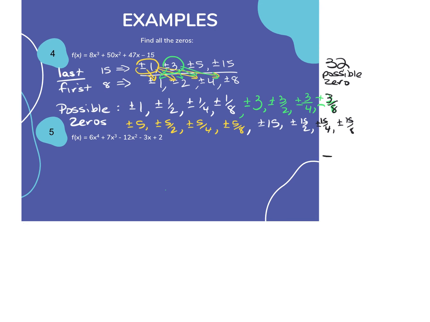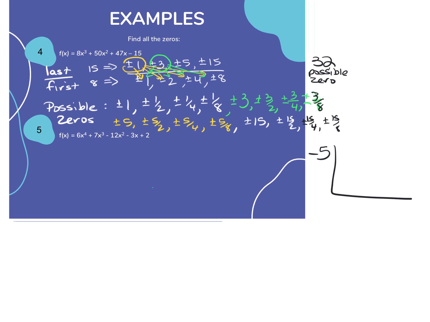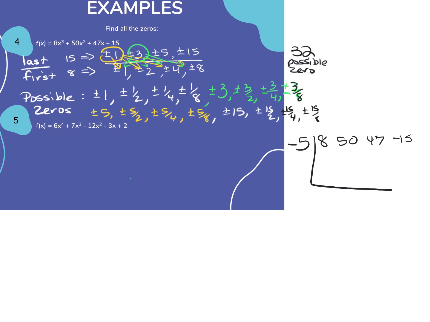So I'm going to do synthetic division with -5, and then that's going to bring it down to quadratic. So 8, 50, 47, -15. The only difference of what we're doing now than what we did in the first 3 examples is I gave you the zero. You're going to have to either guess and test or key this into a graphing utility.